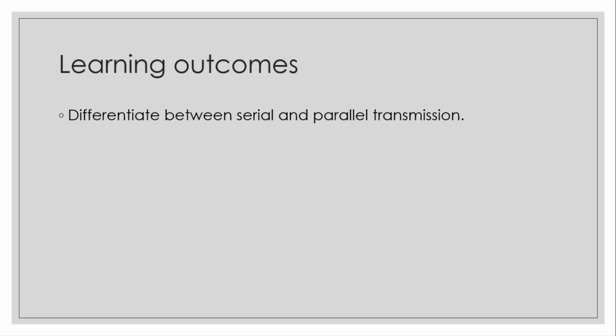If you still remember, in the previous lesson we talked about data transmission, and I emphasized that computers hold data in binary form using on and off switches, and each on and off signal represents one bit of data.